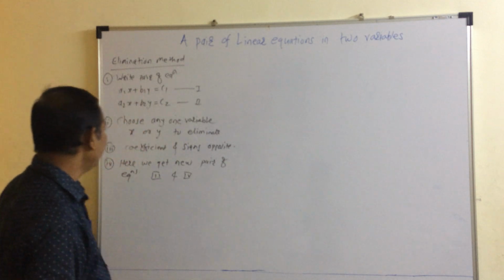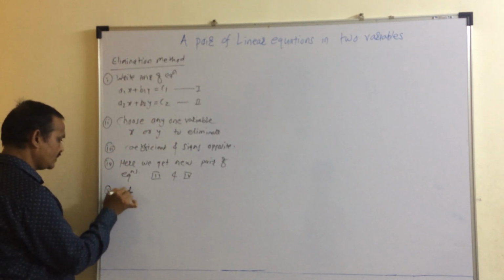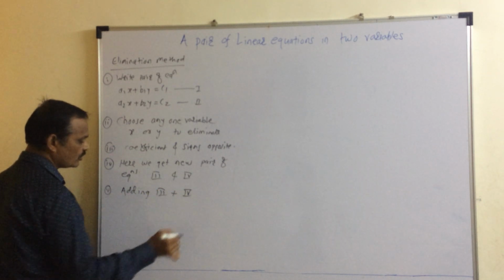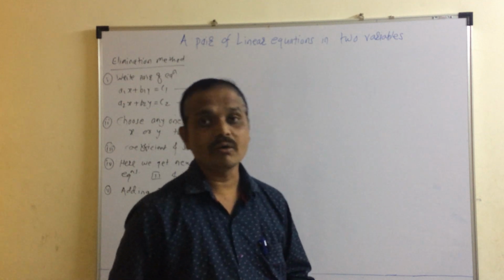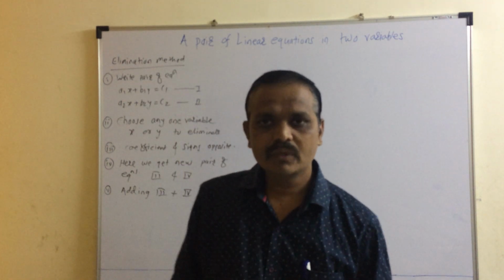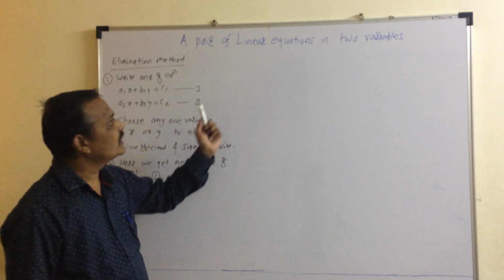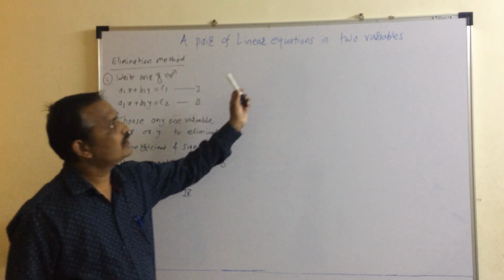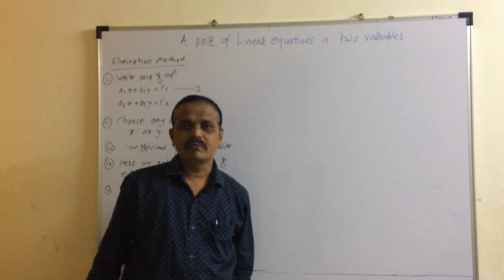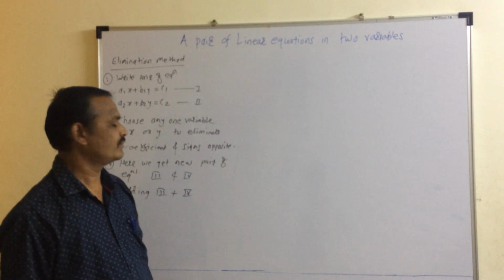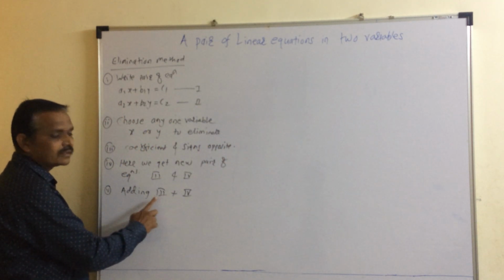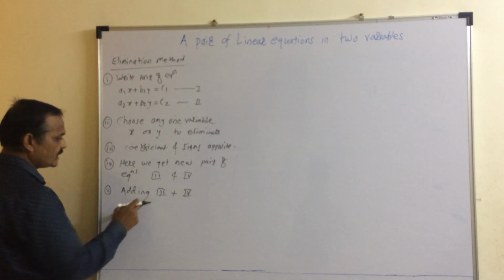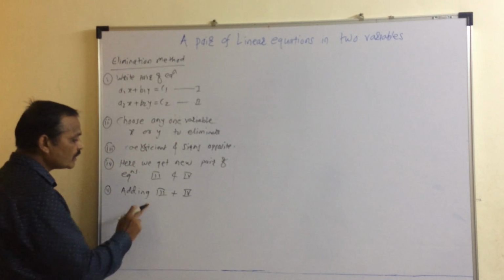After that we add equation 3 with equation 4 so that we can eliminate one of the variables, and here we get a one variable equation. At this step we convert the two variable equation into a one variable equation by adding equation 3 with equation 4.